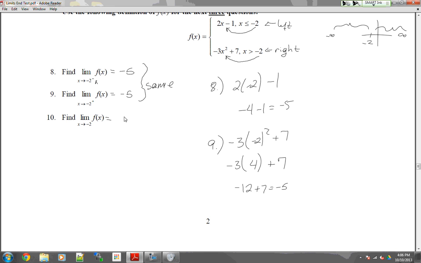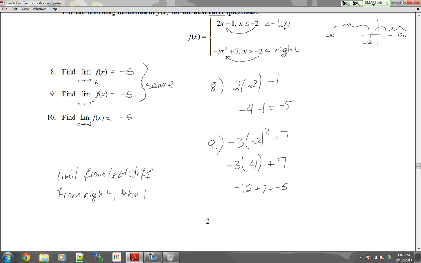All right. So if the limit from the left is different from the limit from the right, then the limit from both sides at one time does not exist.